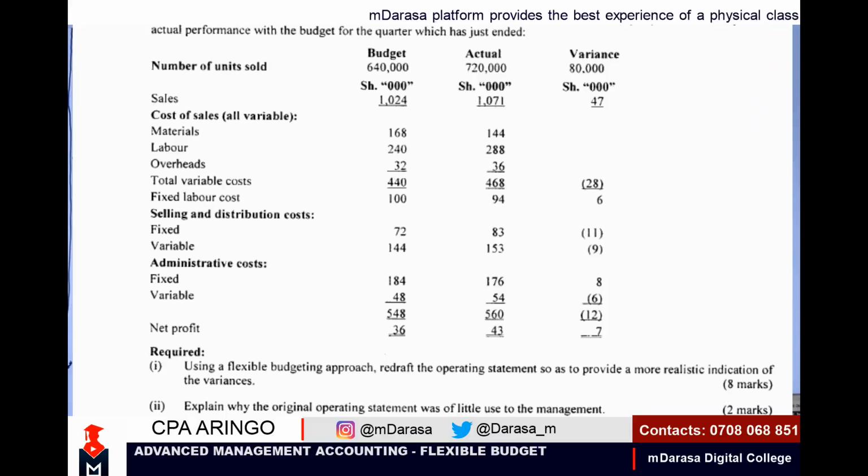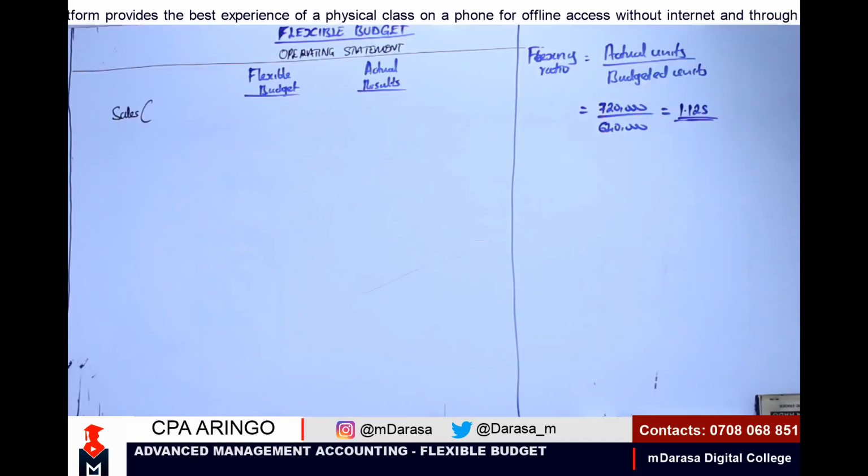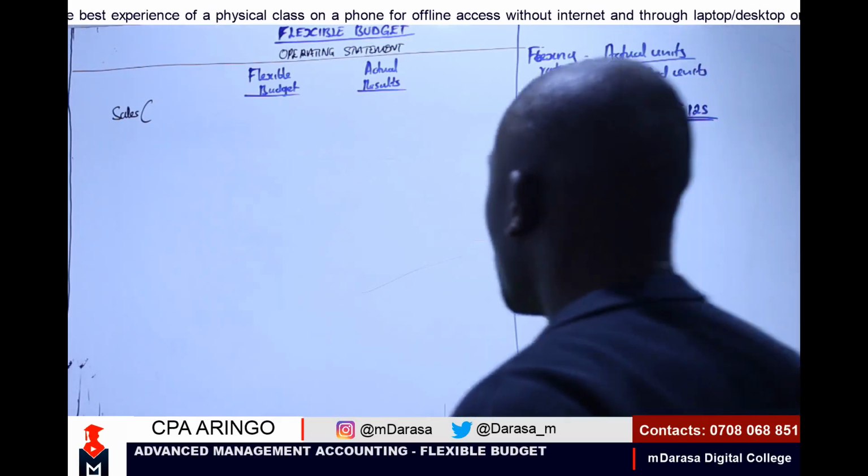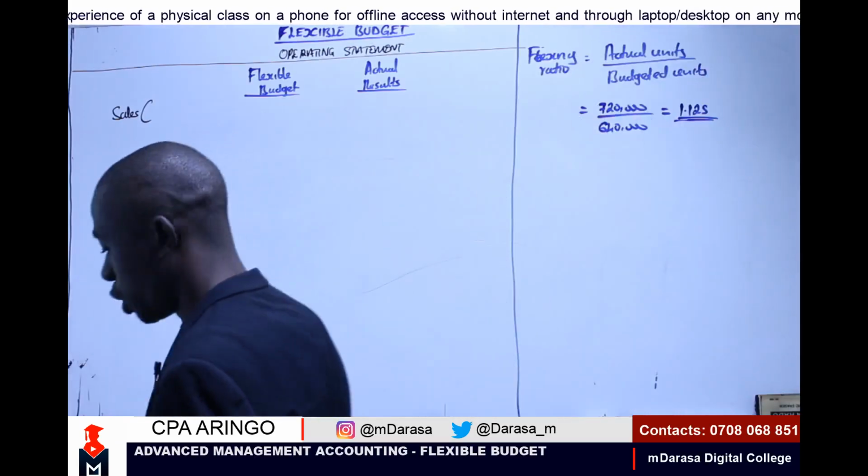That is 1024. So here is a point that you should get very clearly. I'm given 1024 as our budget.